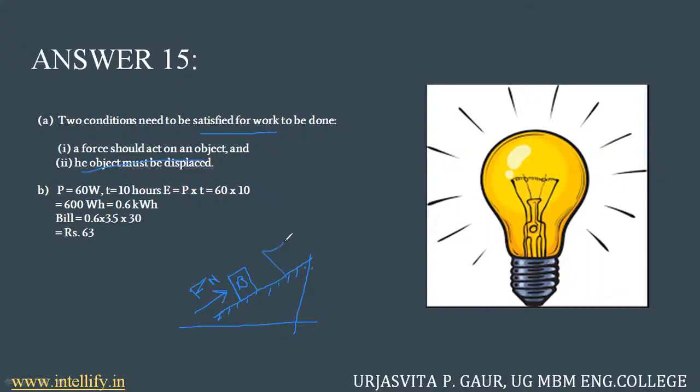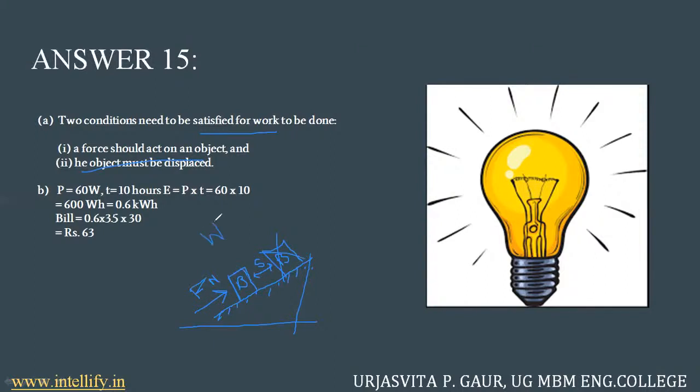That means this B should come here. If this B has this much amount of displacement S under this force, the work is done. If it doesn't get displaced, that is, it doesn't come to this position, then no work has been done because it has no displacement.